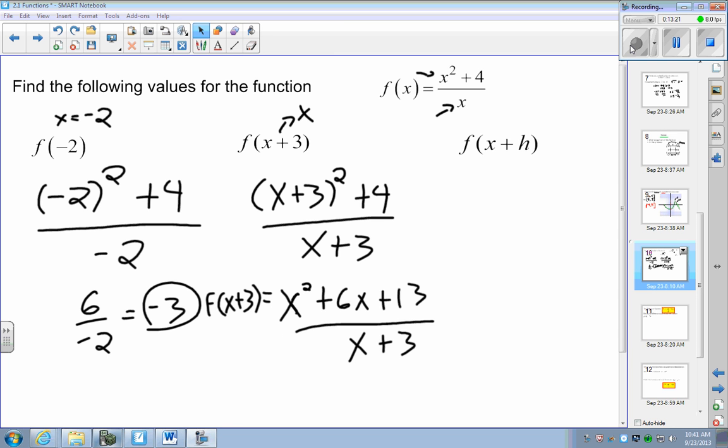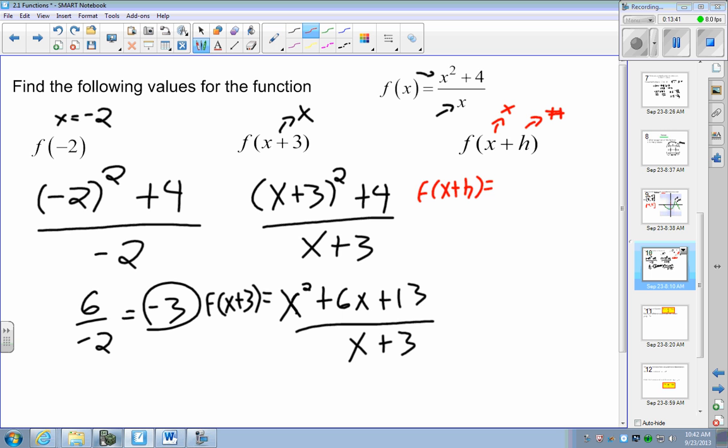But what about this f of x plus h? So here, we're going to look at h, it's just some number. This is going to be some constant, and we're going to throw x plus h into our x's. So f of x plus h is equal to x plus h squared plus 4, all divided by x plus h.